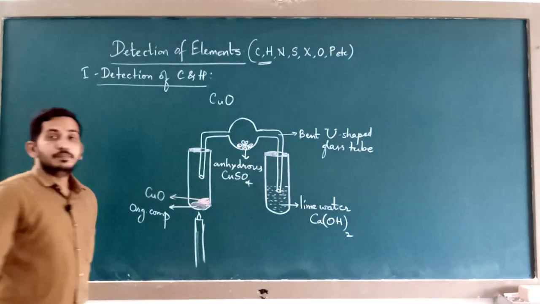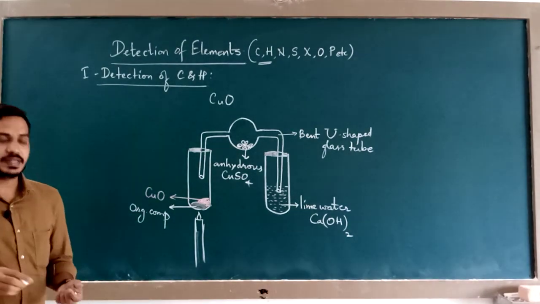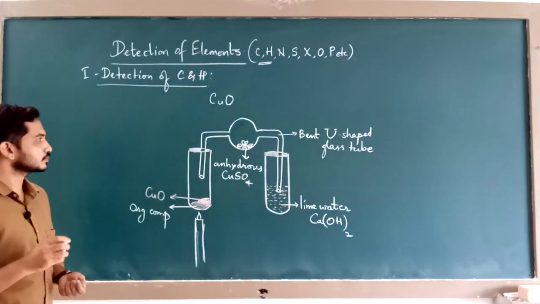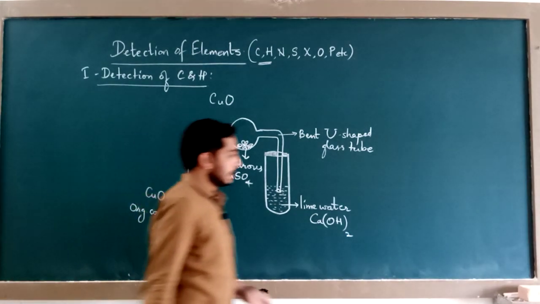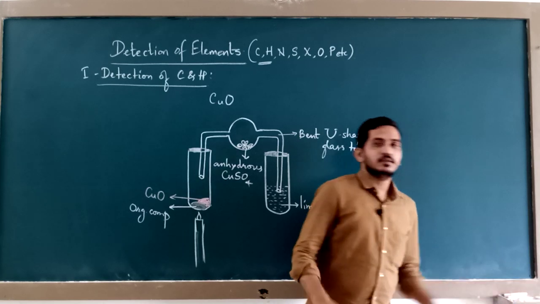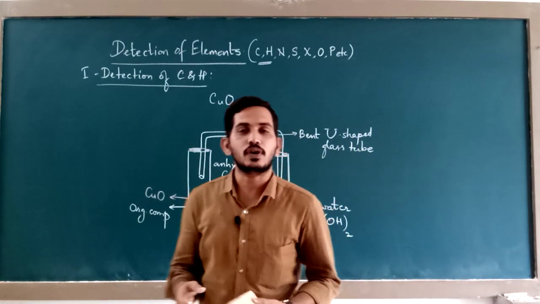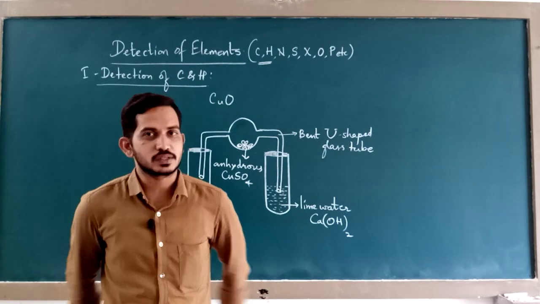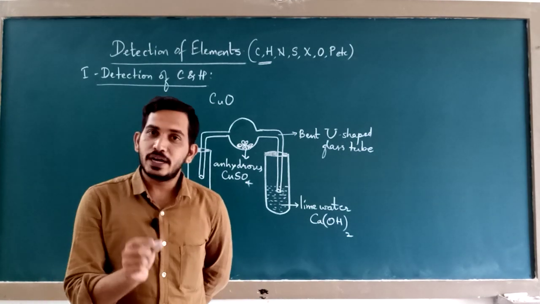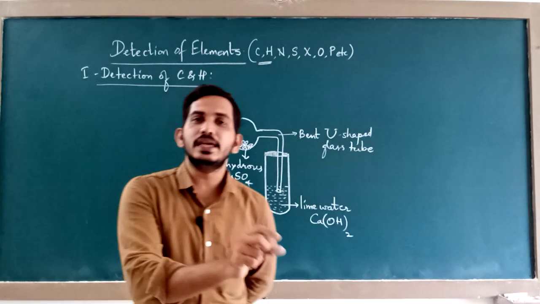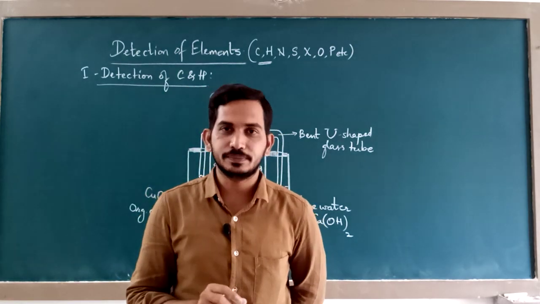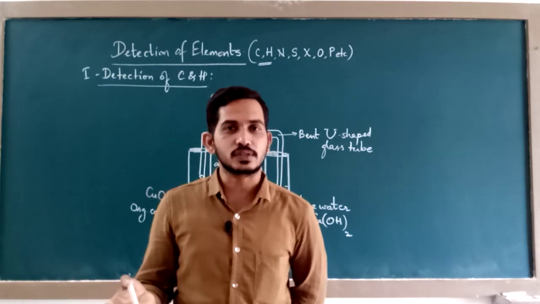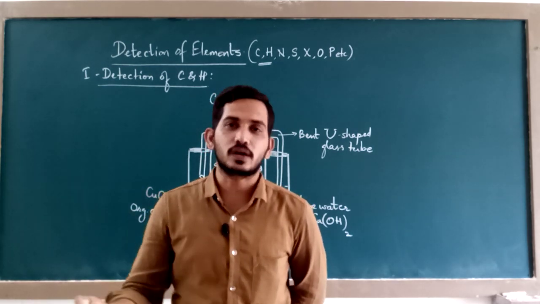Now before heating, you need to remember that you will identify carbon and hydrogen. Always remember, carbon when heated in the presence of oxygen or air gets converted to carbon dioxide. We say carbon dioxide is the oxidized product of carbon. Similarly, whenever hydrogen is burnt in the presence of oxygen or air, it produces water.